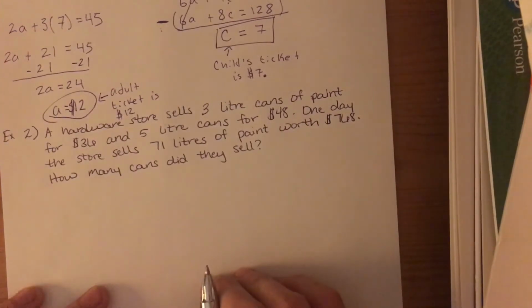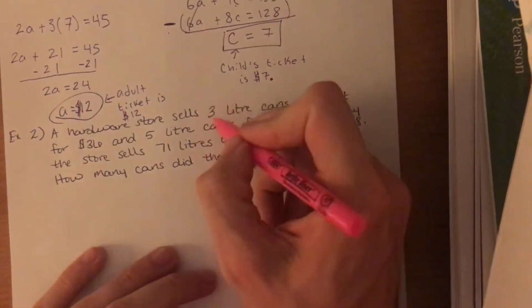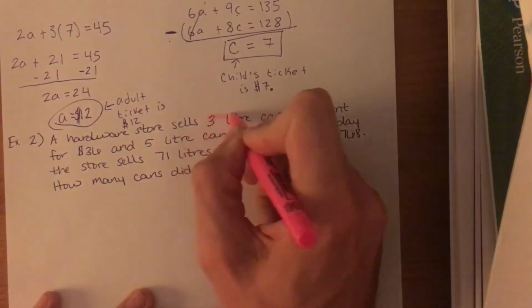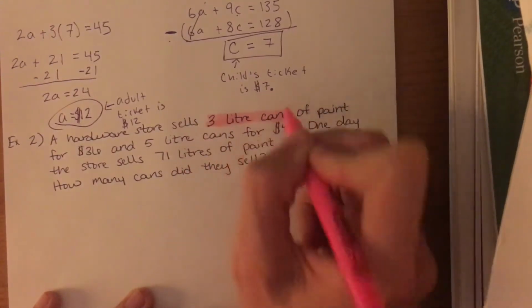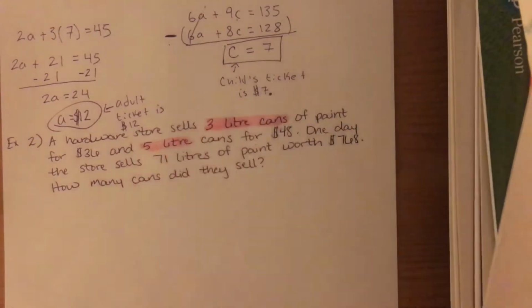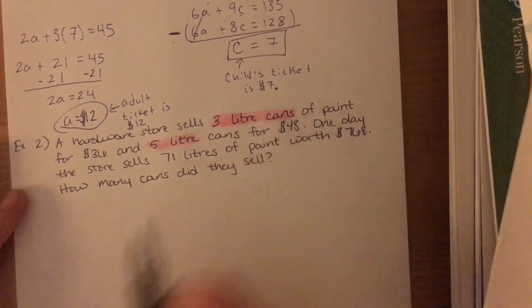And so the two types of variables here that we've got are these 3-liter cans. Whenever you're writing a system of equations, you need to figure out what are the two things that I could write an equation with here. Because when you're writing a system, you need to first say the variable I'm going to use to define these.